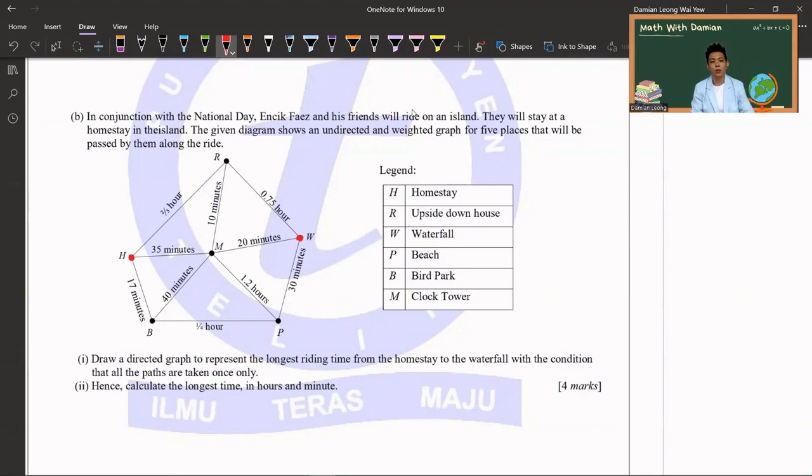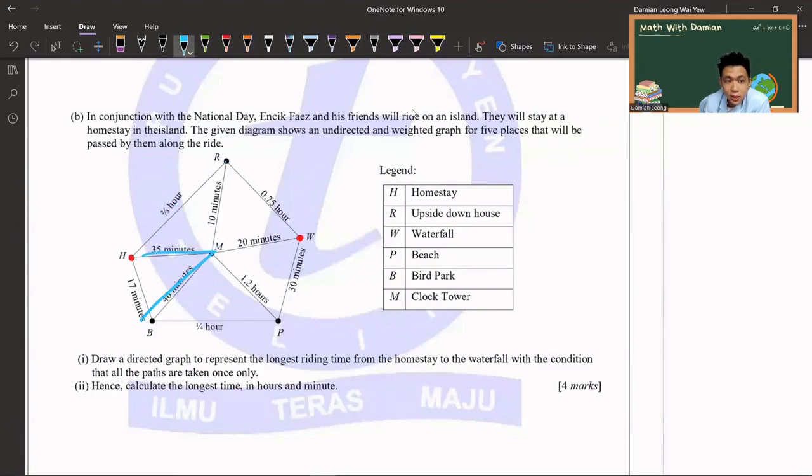Okay, so if I go, say, this way first, I can compare this and this. I want the longest path. So if we consider, longest out of these three would be here. However, if I take this path, I wouldn't be able to go through all the other points.